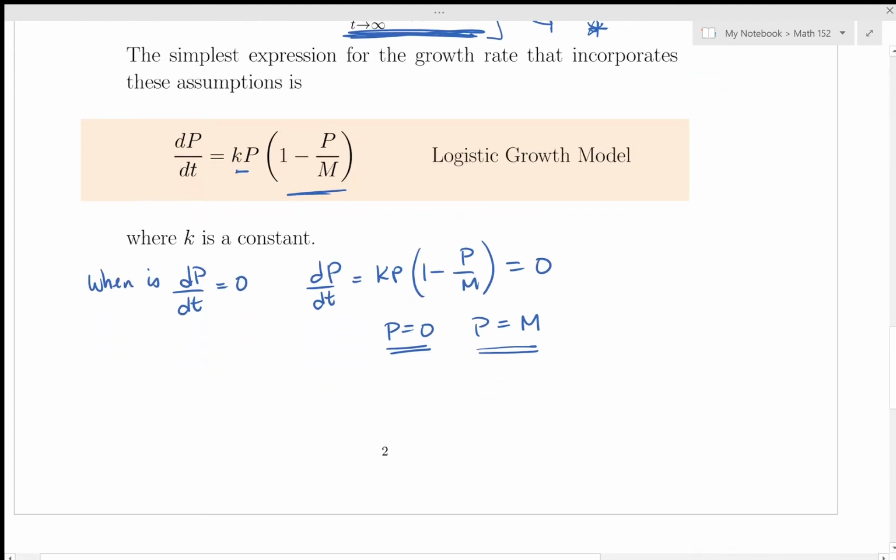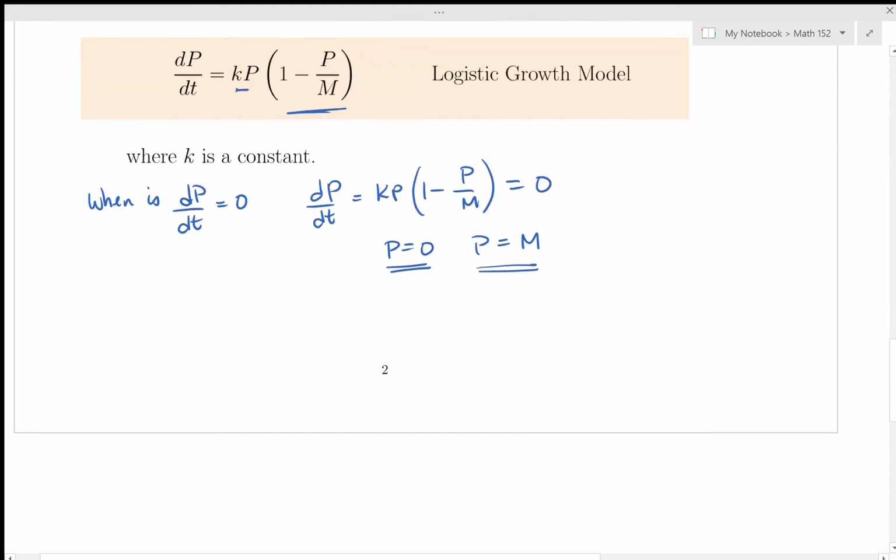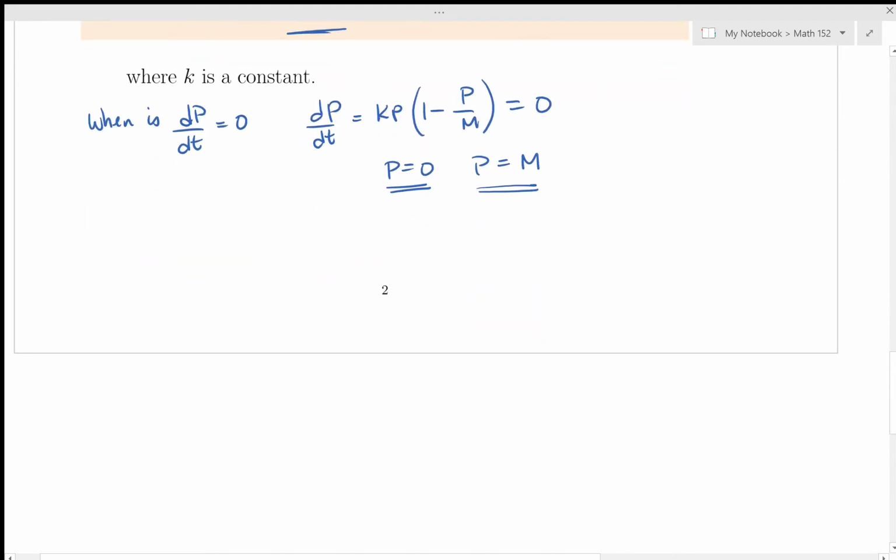Okay, then our next step is to solve this differential equation and give ourselves an equation for p of t, which we can then use to predict the population at any time that we like. So we are going to do that right now.